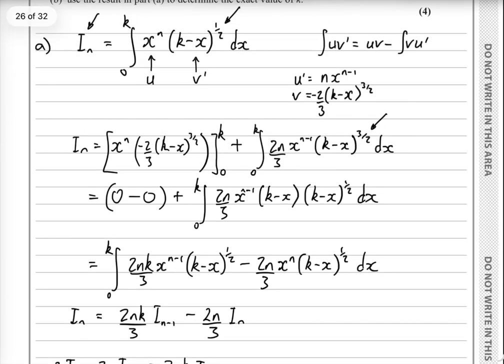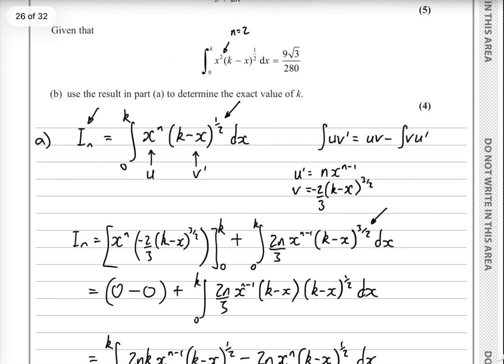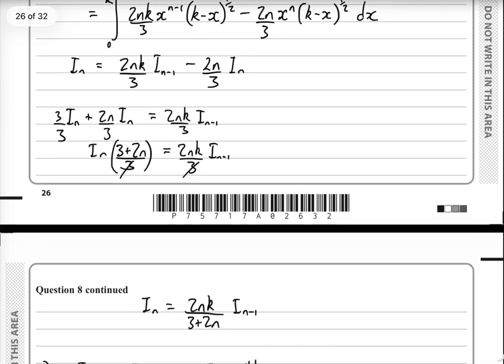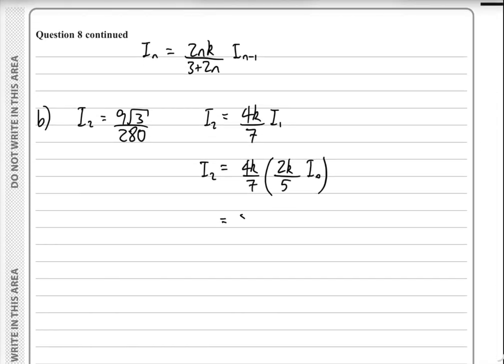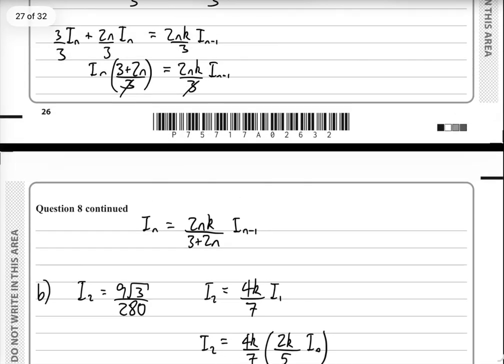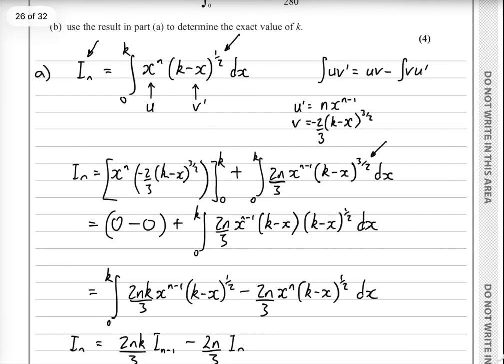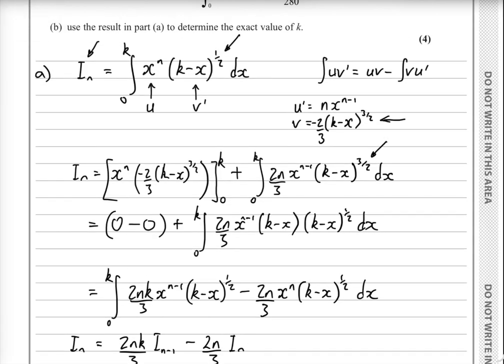We haven't really defined it for that, but we can put 0 back in the original, which makes our x to the 0 a 1, and we just get k minus x to the half. So that equals 8k squared over 35 integral 0 to k of k minus x to the half, which we've already integrated as part of our process here.